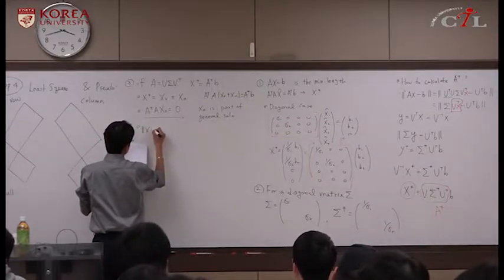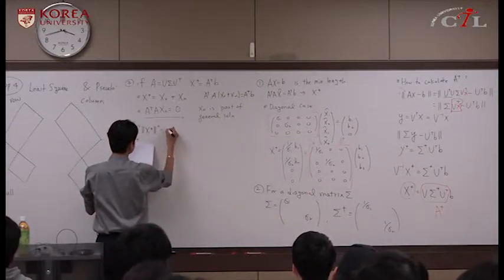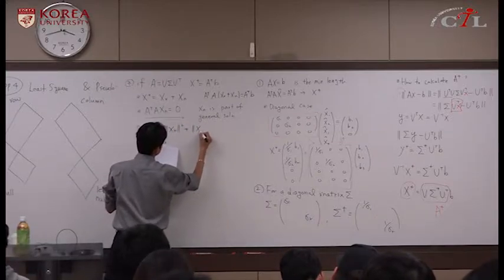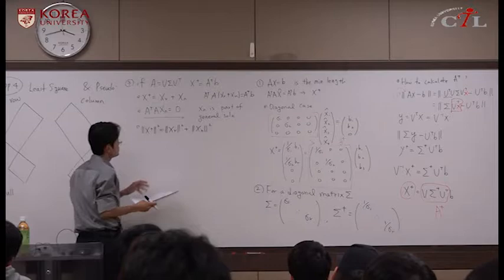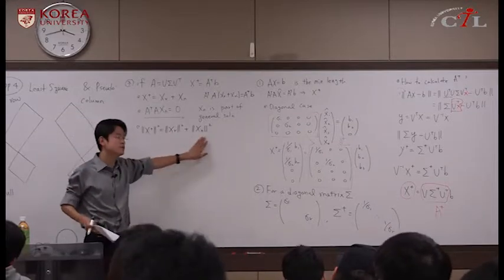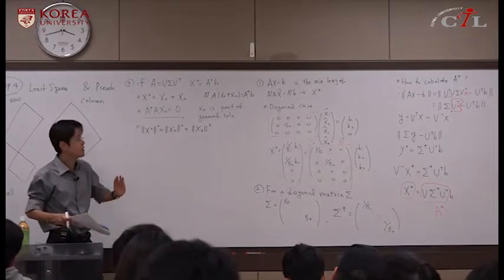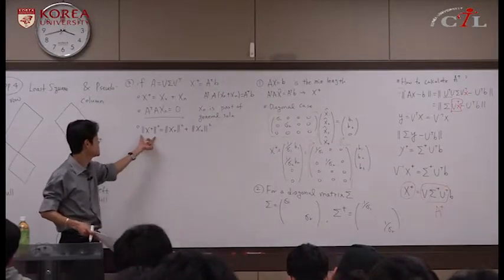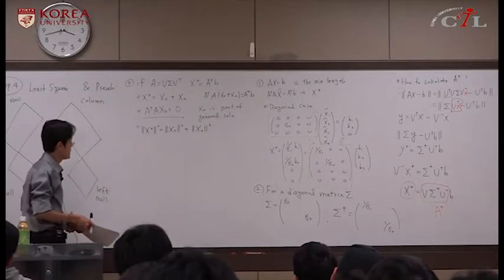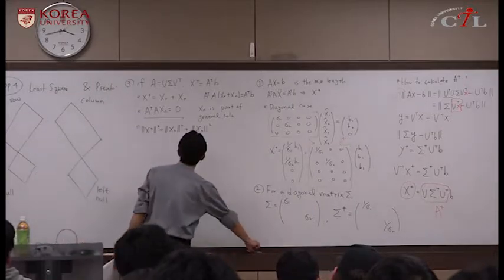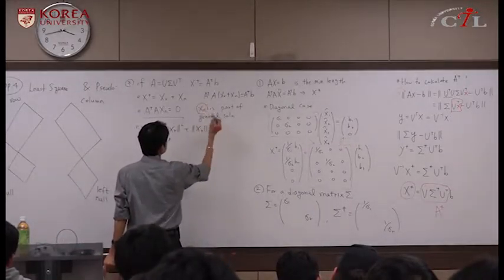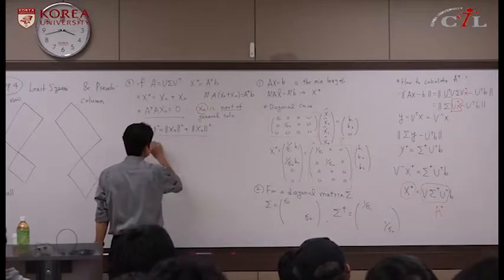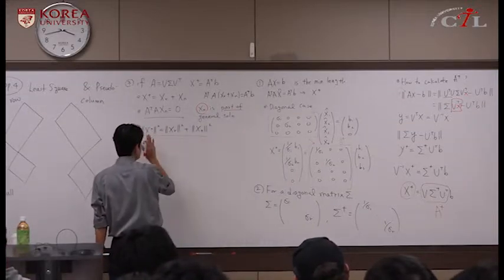Also, the x pseudo length squared is xr length squared plus xn length squared, because the row component and null space component are orthogonal. So by the Pythagorean law, the sum of orthogonal lengths equals the length of the combination. And we know that although xn is part of the general solution, in the pseudo case this is already minimized.